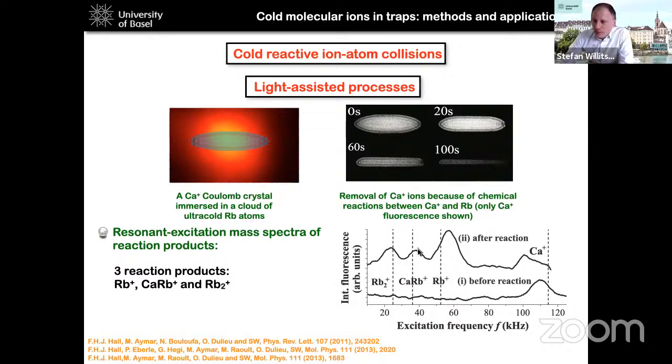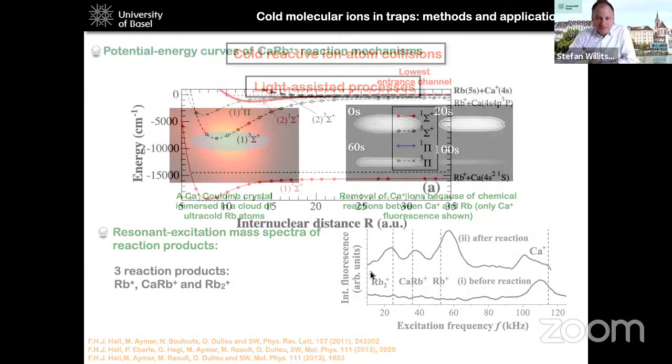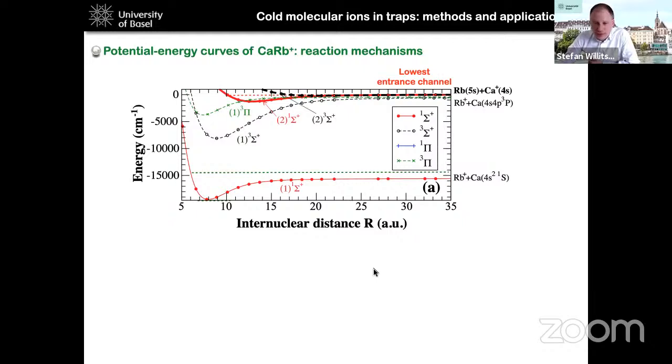Now, how on earth can one get these sort of species here? And for this, one now needs to turn to theory and look at what can actually happen during these collisions. What you see here are potential energy curves, so the interaction potential between the collision partners for various states of the collision partners.